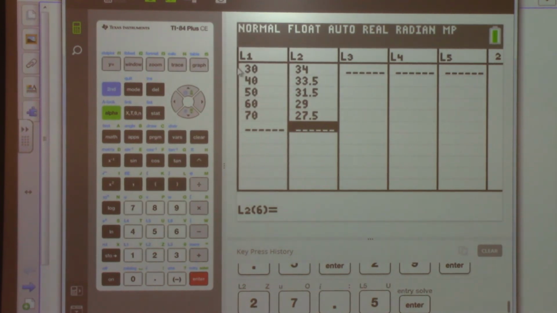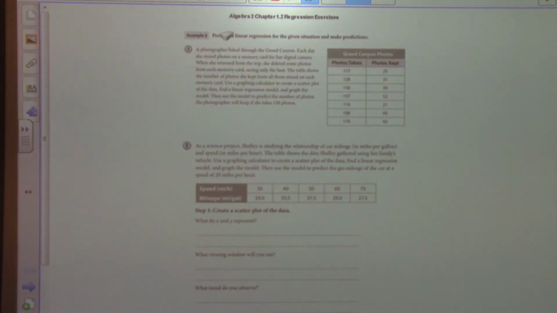Okay, and so basically, if we go 0 to 80 and maybe 0 to 40, that should get us the window we need, right?